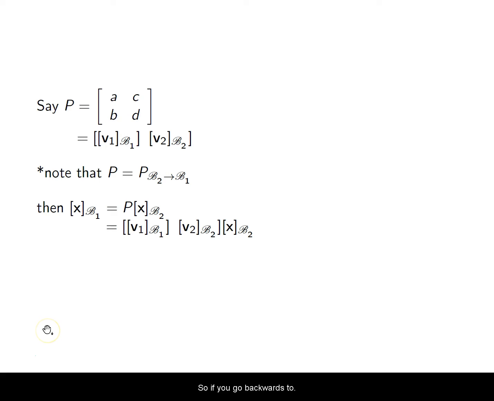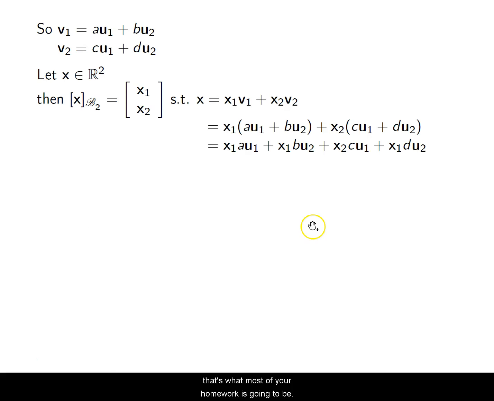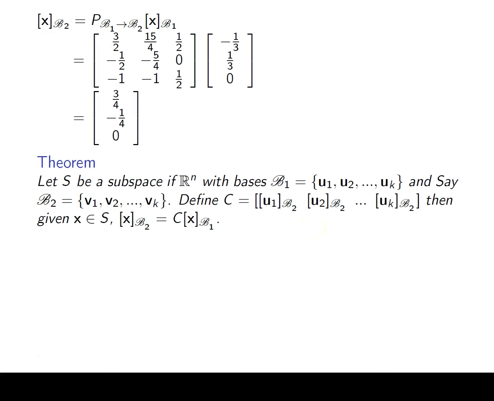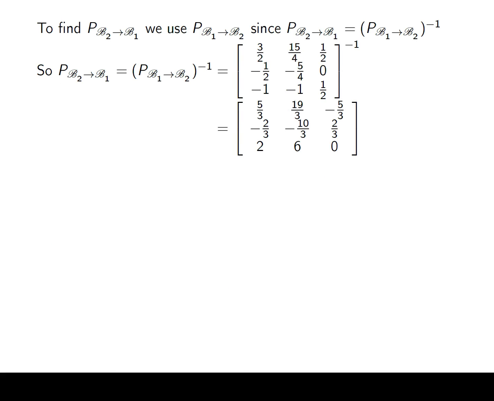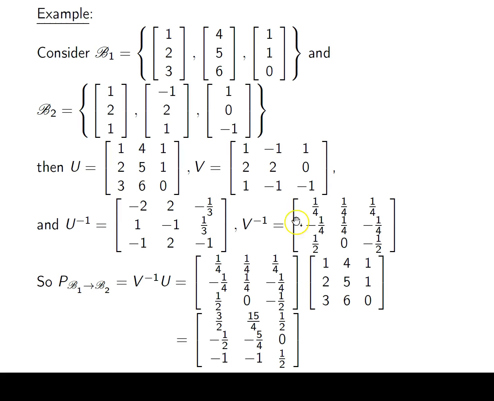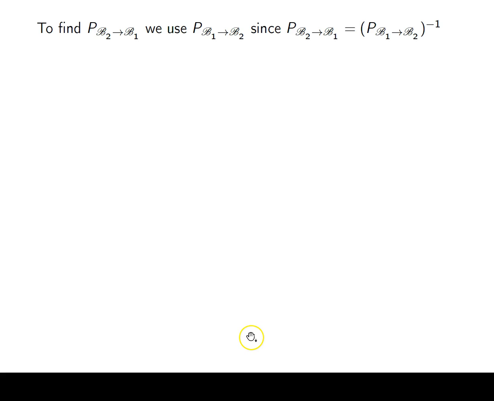Okay, so if you go backwards to the example that we had where we were actually given two bases and a vector, and we're representing that vector in the different bases and finding this transition matrix, that's what most of your homework is going to be based on. So this example here that we went through at this time: given two bases, turning those into matrices, finding their inverse, and then finding your transition matrix.